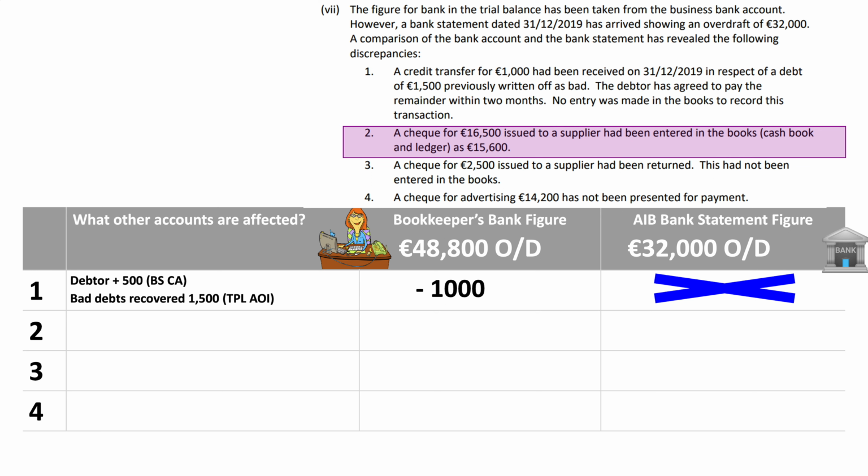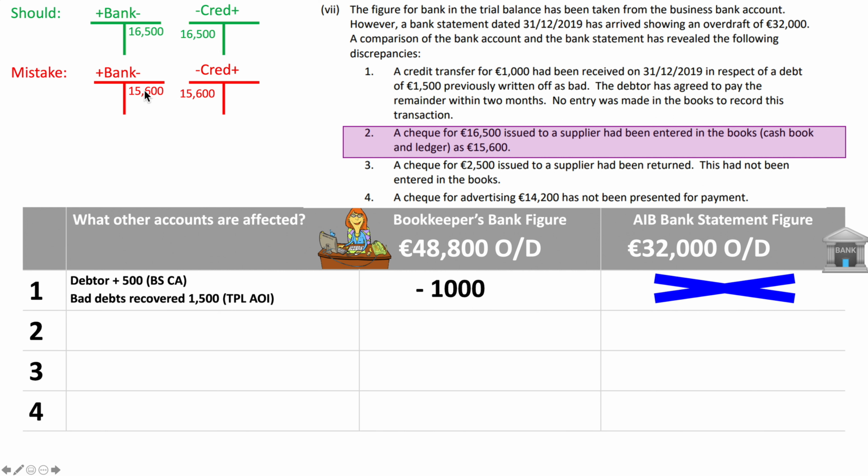Number 2 there, we have a cheque for 16,500 issued to a supplier had been entered in the books, the cash book and ledger, as 15,600. Okay, so the bookkeeper completely messed up here, right? So the 2 accounts here should be bank and creditor. So if they paid a cheque to the creditor, it would reduce the amount in the bank account, and the debt to the creditor, the liability to the creditor, would reduce by 16,500.